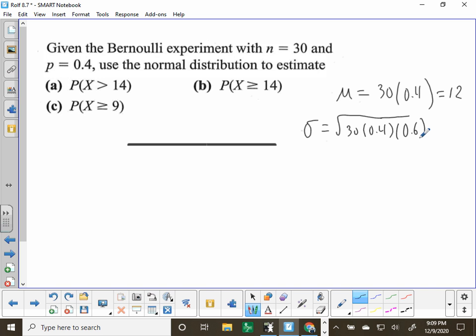Second, square root, 30 times 0.4 times 0.6 is 2.68. So my standard deviation is 2.68. Okay, so now we're going after this one right here. So it's greater than 14.